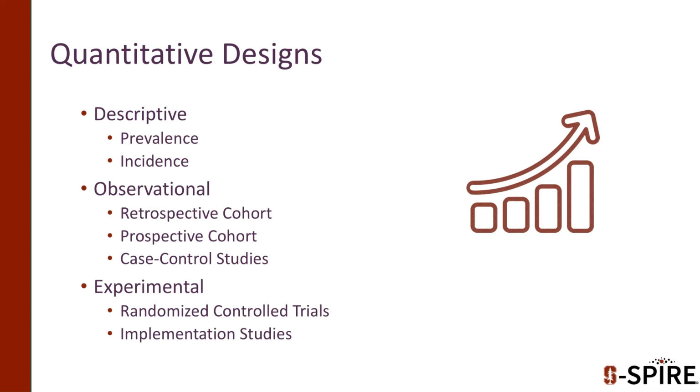Retrospective and prospective cohort studies and case control studies are examples of observational study designs. Experimental designs, such as randomized controlled trials and implementation studies, involve some control of the experimental design by the investigators.